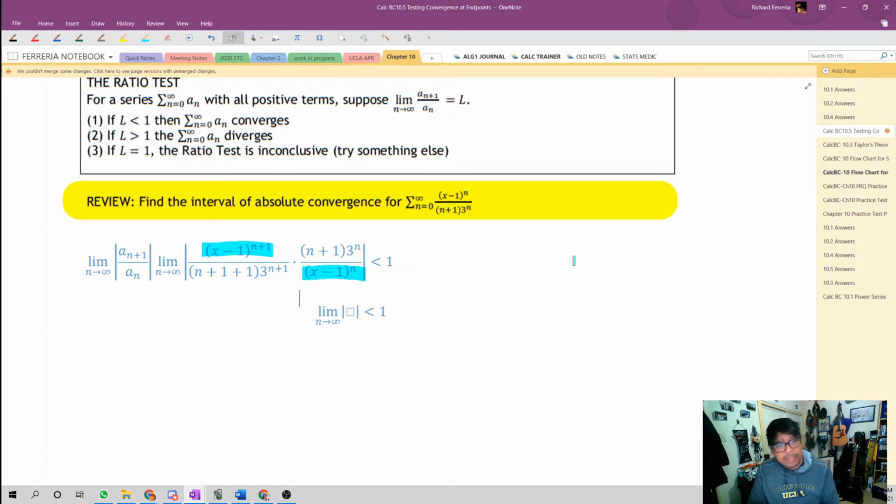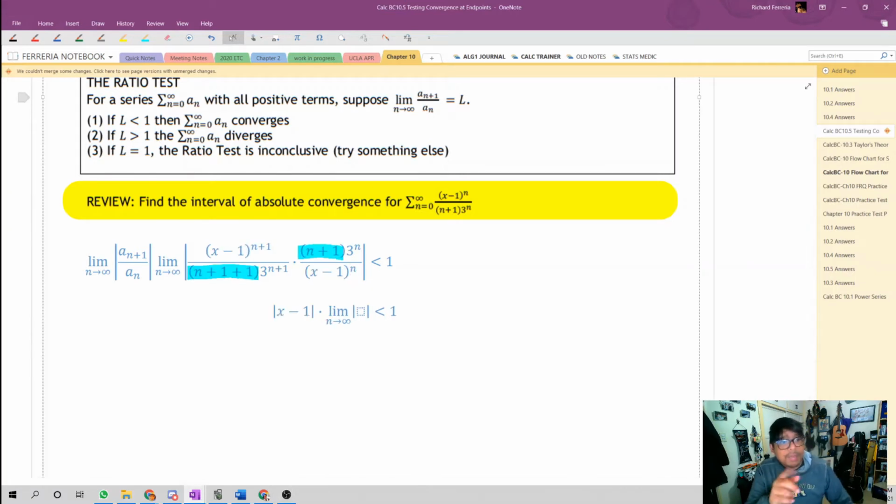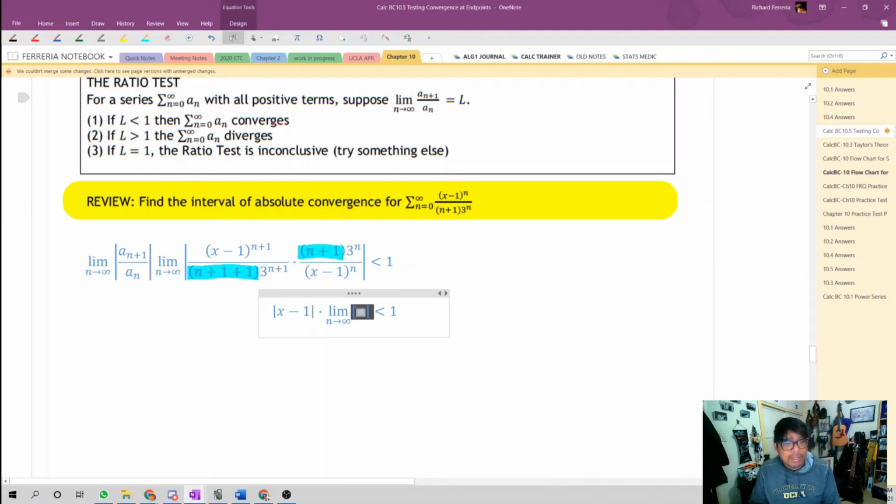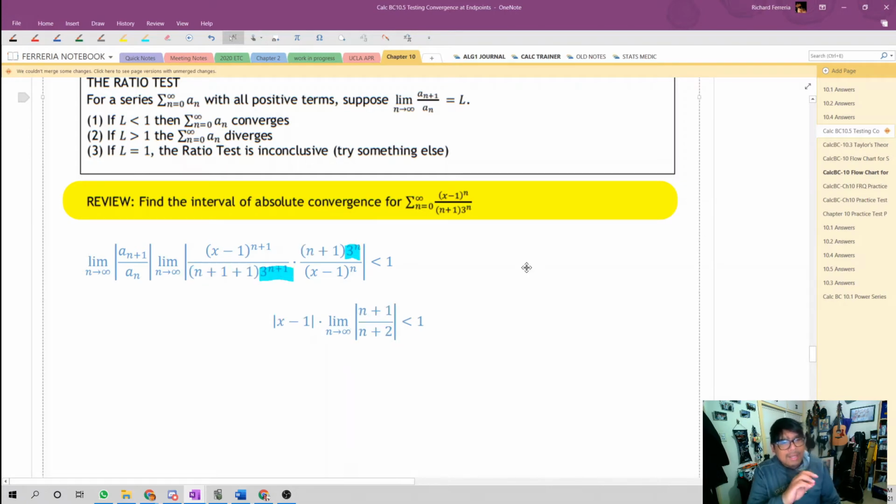The next piece here is the n plus 1 plus 1, and that's going to be under n plus 1. Now there's no way to actually simplify that, and both expressions have an n, so we've got to keep that inside the absolute value and inside the limit. And the very last piece here is 3 to the n over 3 to the n plus 1.